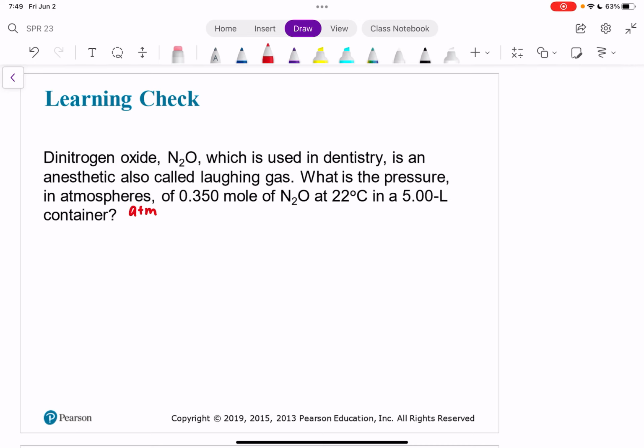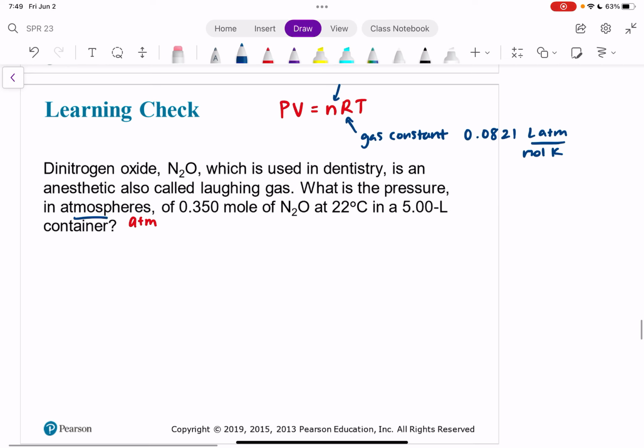Since we're talking about our ideal gas law, I'm going to write it up here: PV equals nRT. Then I'll remind you that this is the gas constant, which is 0.0821 L atm over mole K. N is our number of moles, and the rest we're pretty used to at this point.